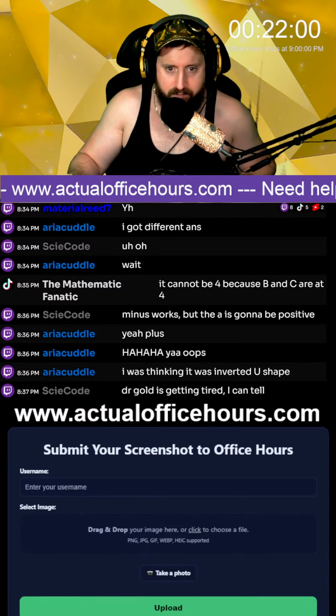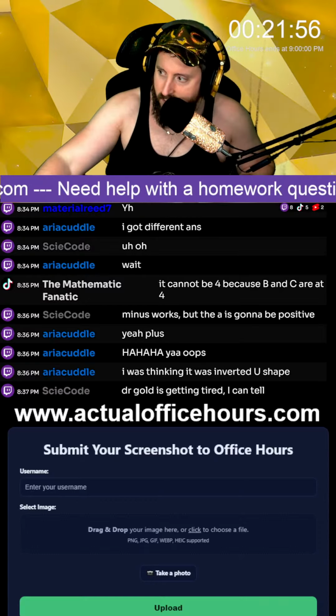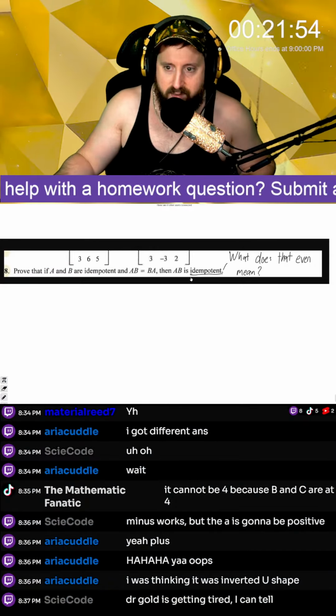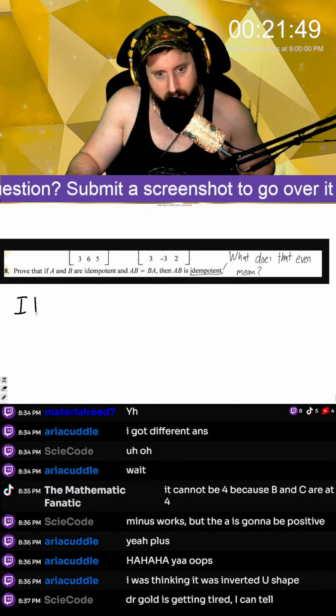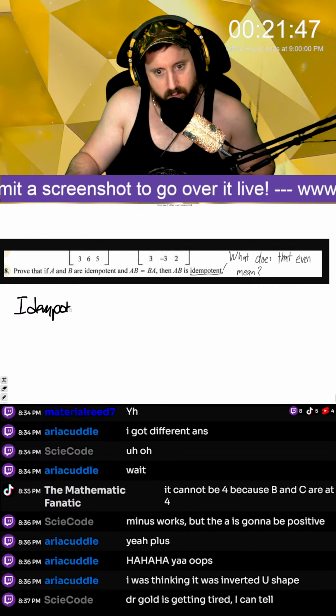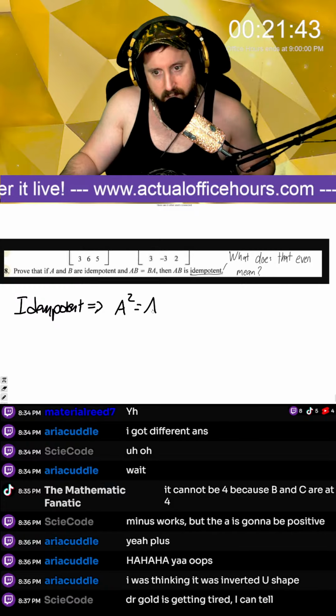Okay. Prove that if A and B are idempotent and AB equals BA, then AB is idempotent. And so idempotent, I think what you guys said, right? Idempotent implies that A squared is equal to A, right?